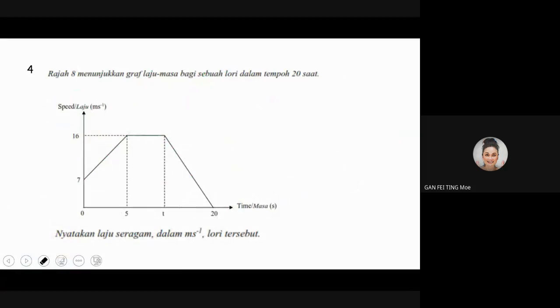Okay, now let's continue with this question. This question was discussed just now, early in the morning. They want to know the halaju seragam, the uniform speed. So which one is the uniform speed, do you think? This is a graph of speed against time for a lorry within 20 seconds.